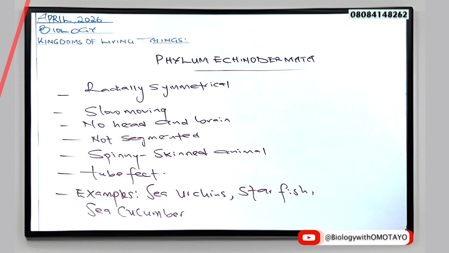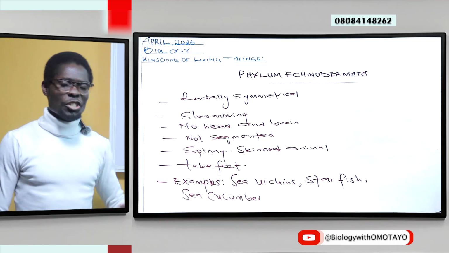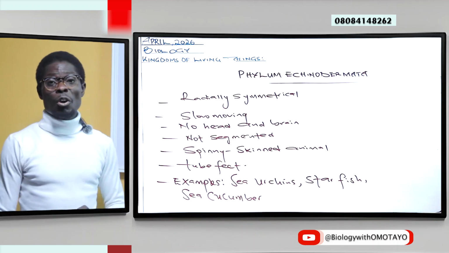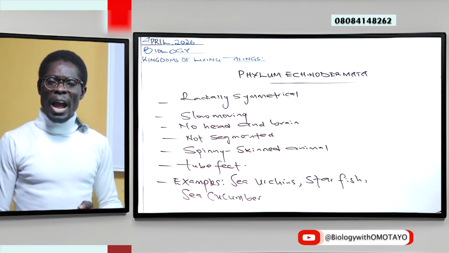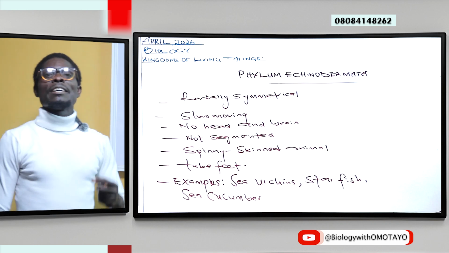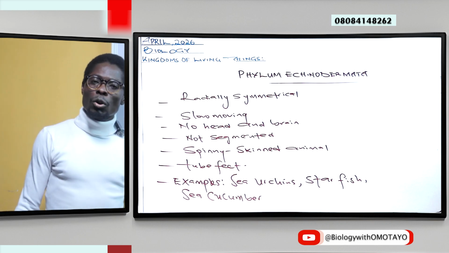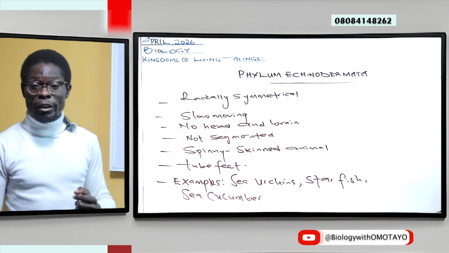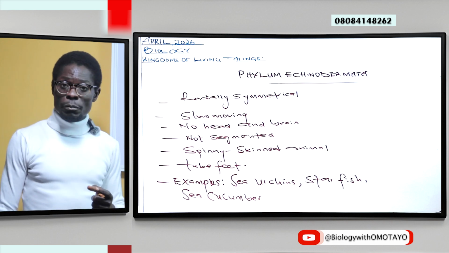Now, this brings us to the end of this very phylum. It's a short phylum with just very few details. From here, we will move on to the next, which is phylum Chordata, the phylum where you have vertebrates.